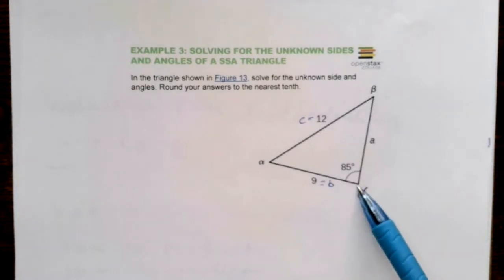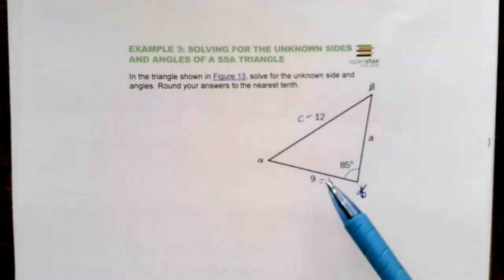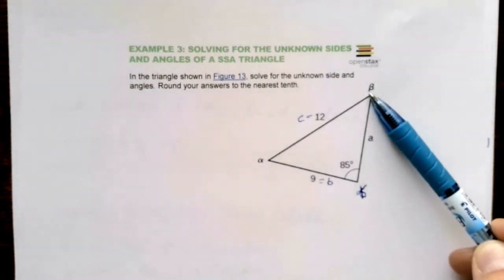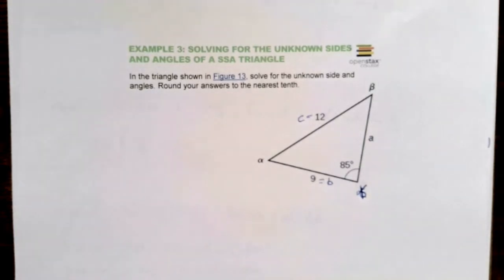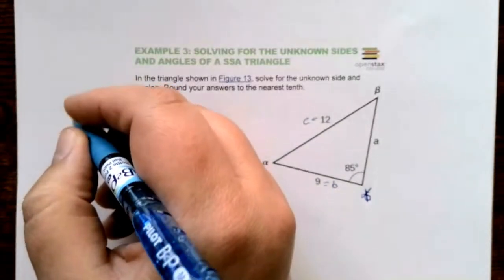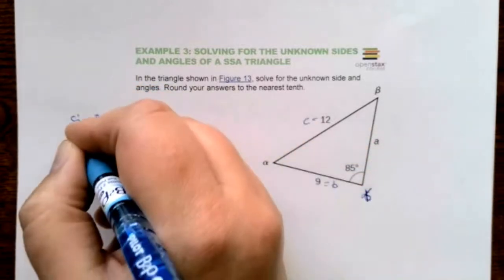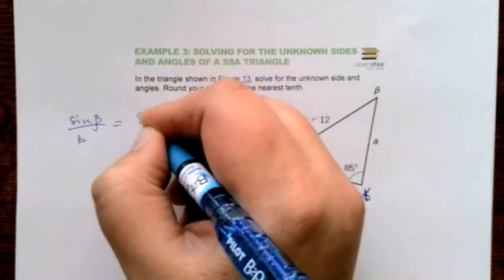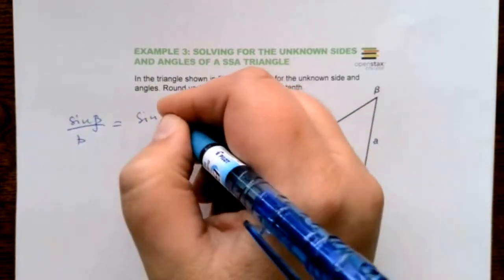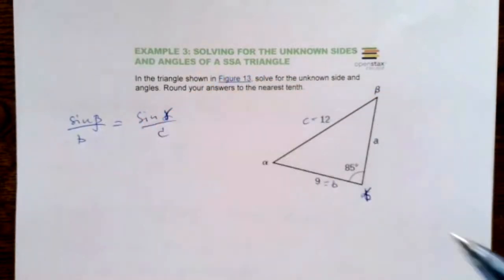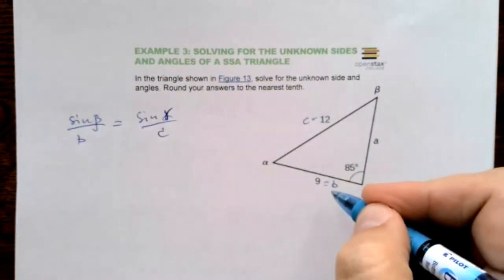Gamma, C, and B. So the fourth element is going to be angle beta that we're going to involve in our solution right now. So, okay, we're going to have sine beta over B is the same as sine gamma over C.